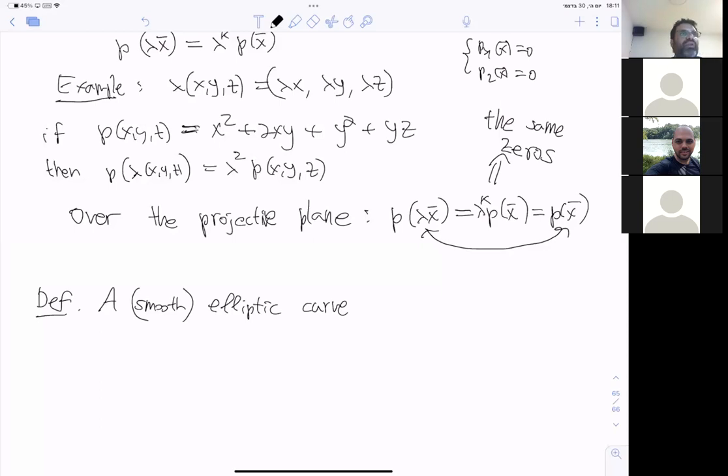A smooth elliptic curve C is defined over our projective plane, not over R, but over our finite field, which is taking F3 without the zero, divided up to scalar multiplications.